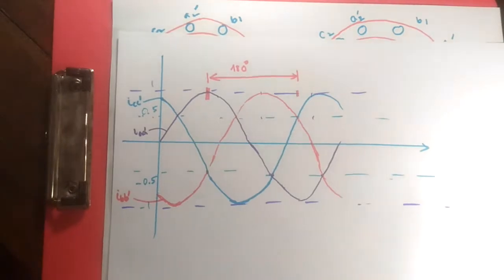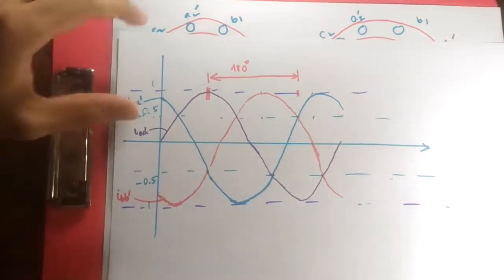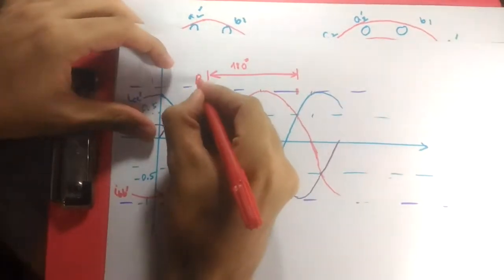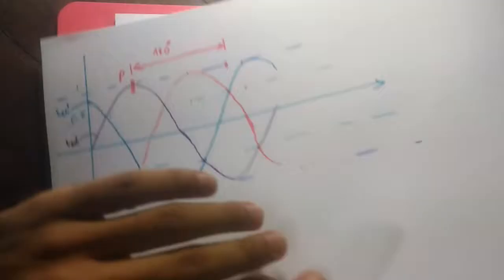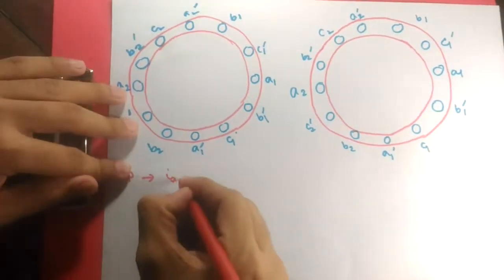We're going to consider what happens at some moment in time. Try to see what's going to happen at this moment P. At this moment P, only I_AA' is positive and the other two are negative.